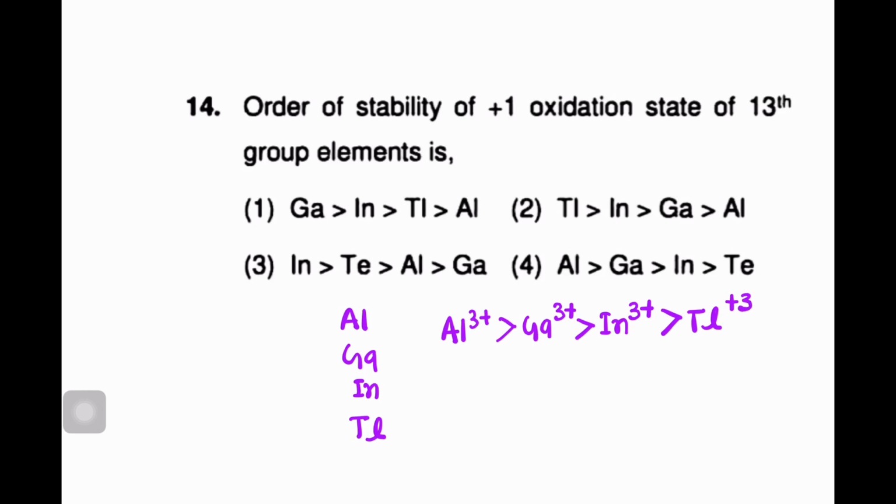This is the stability of +3, but due to the inert pair effect, if we see the +1 stability, the maximum will be of thallium. Okay, so thallium +1 is most stable. So thallium followed by indium, then gallium, then aluminium. So this is basically the second option.